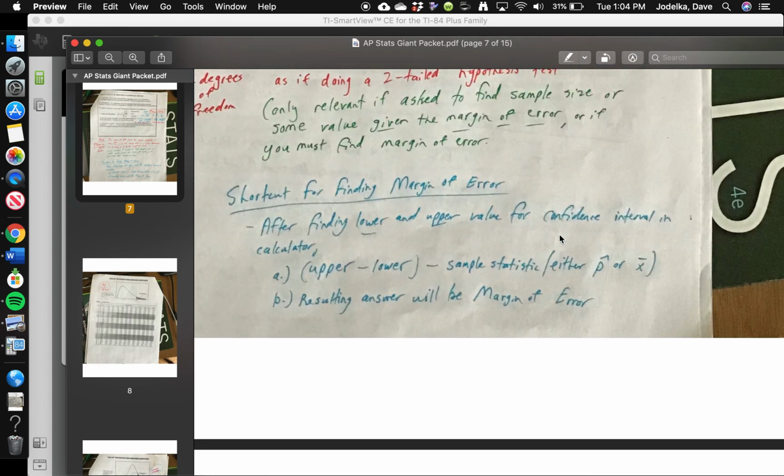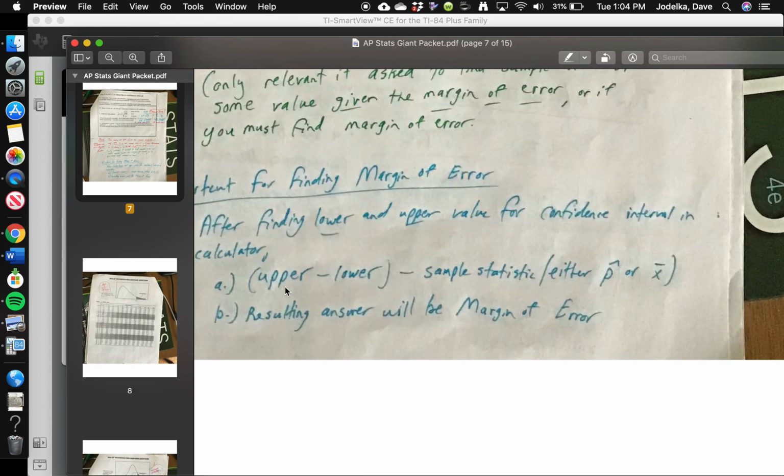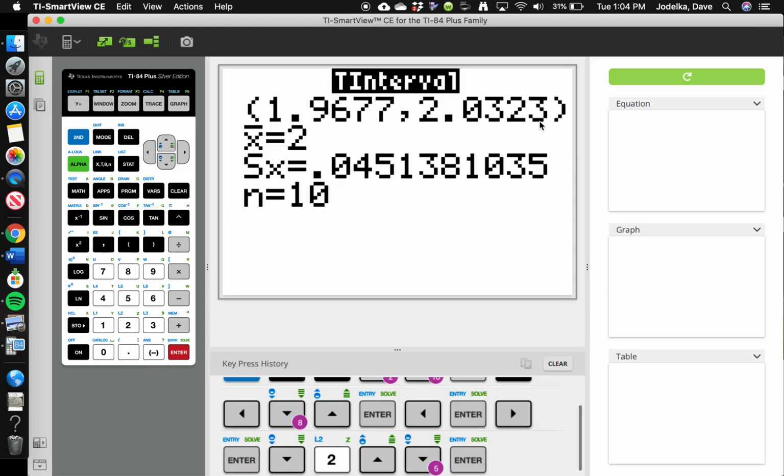For the confidence interval I just found, if I took the upper minus the lower, 2.0323 minus 1.9677, that would tell me the length of my interval. And if I subtract 2 off of that, that would equal the margin of error. And then you could proceed from there and solve it.